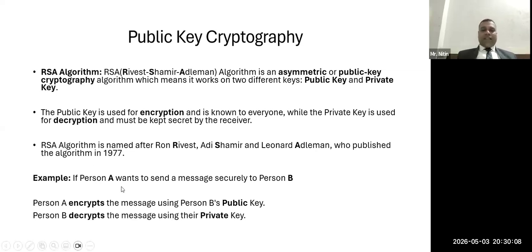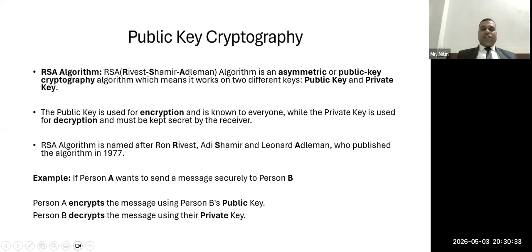For example, if person A wants to send a message securely to person B, then A will use the public key to encrypt the data, and B will use the private key to decrypt it. So person A encrypts the message using person B's public key, and person B decrypts the message using their private key.